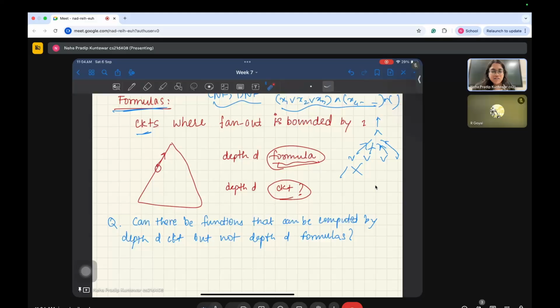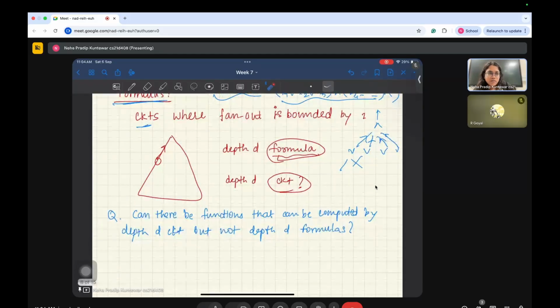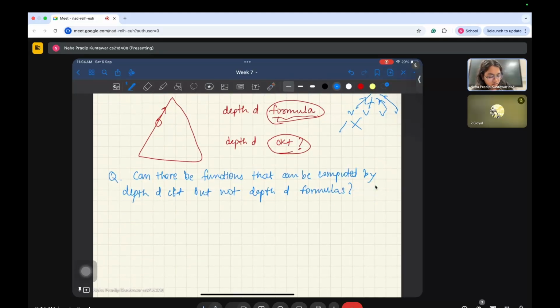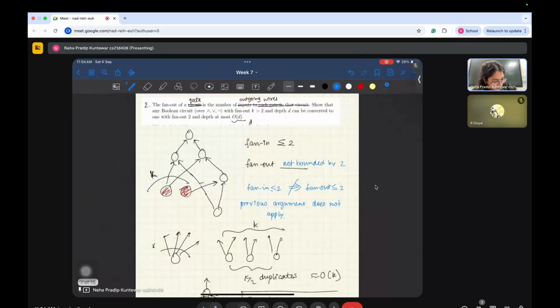So it might be easier to prove some bounds or do some analysis on this model than for circuits. That is one natural restriction that people study. In the upcoming week, we will see some random restrictions and all those arguments. So more stuff will come up on this.